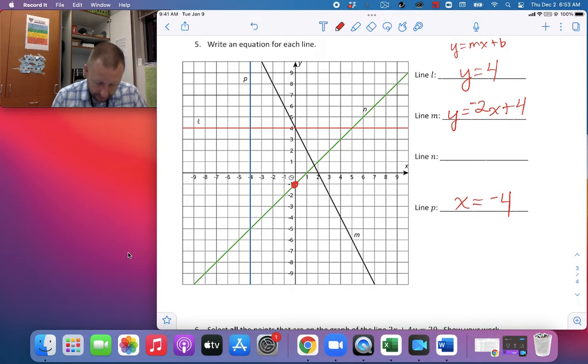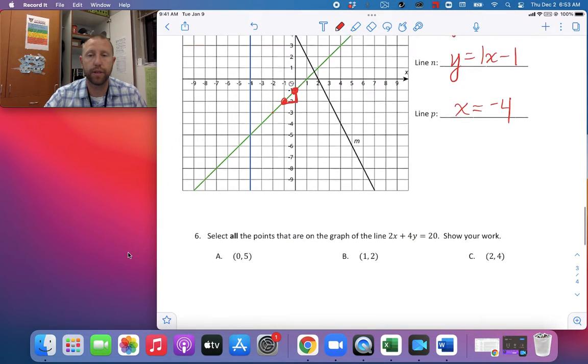And then, well, I could use any point because they cross through on all of them. So I'll just use the very next one. Okay, my slope triangle is just up 1 and over 1. My slope is just 1. It's a positive 1. So my equation is y equals 1x minus 1 because it crosses down here at -1.